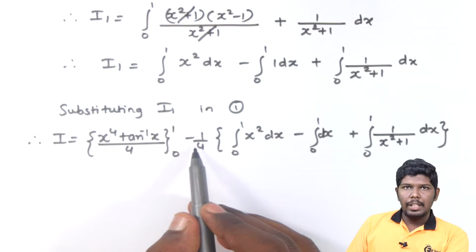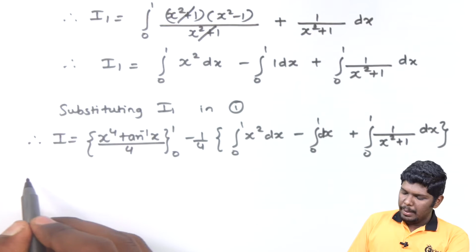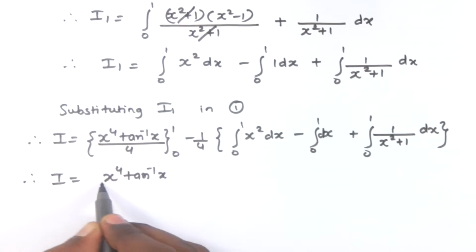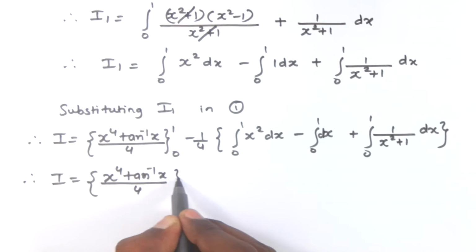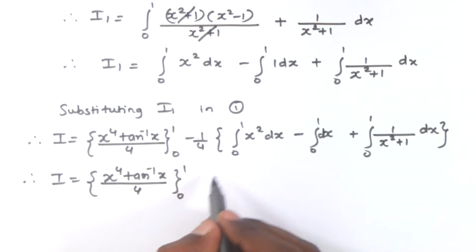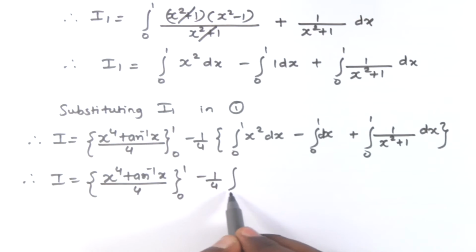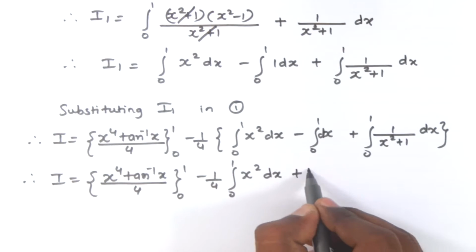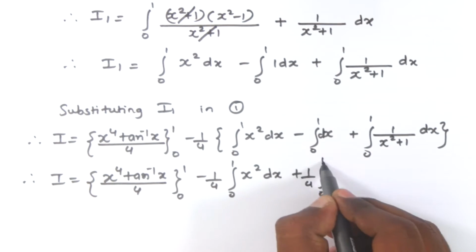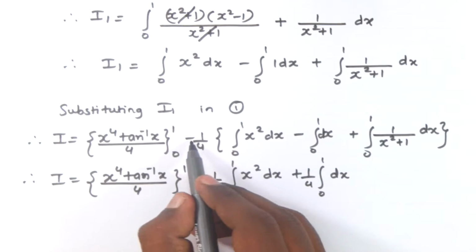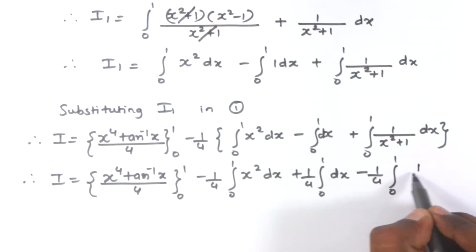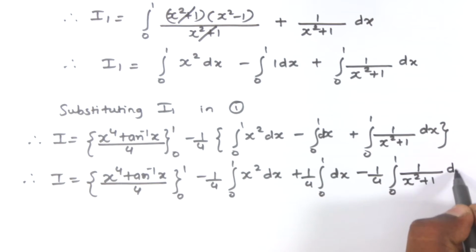Now you can multiply this minus 1 by 4 to all the three terms present inside the bracket. This will give you x raised to 4 tan inverse x upon 4 from 0 to 1, we have minus 1 upon 4 integral 0 to 1 x square dx. Minus into minus will give you plus 1 upon 4 integral 0 to 1 dx. Minus into plus will again give you minus 1 upon 4 integral 0 to 1 1 upon x square plus 1 dx.